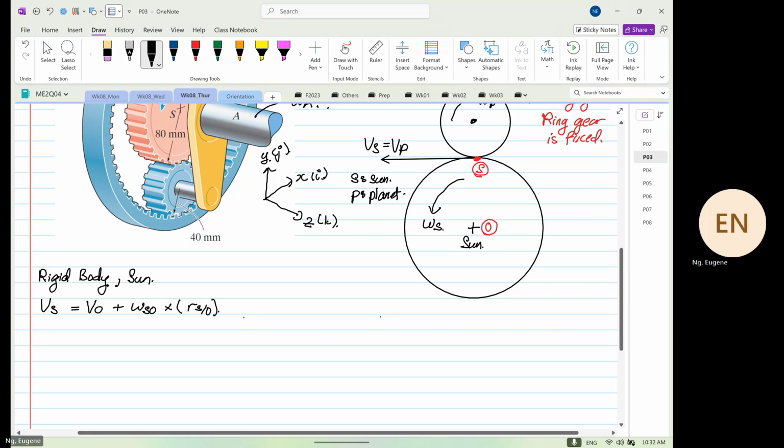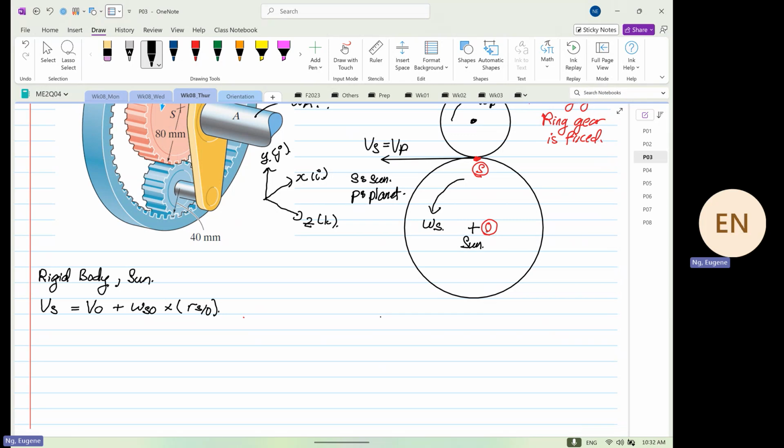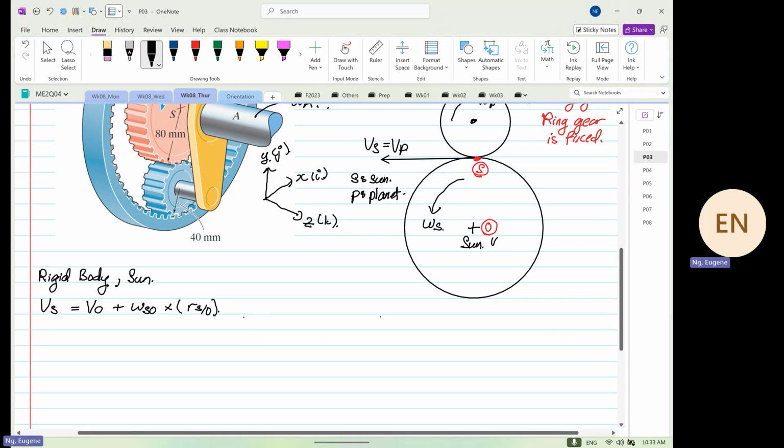At point O, it's a boundary condition again, where the velocity at the center, velocity OI is equal to velocity OJ, and this is equal to 0. It's fixed at the center.